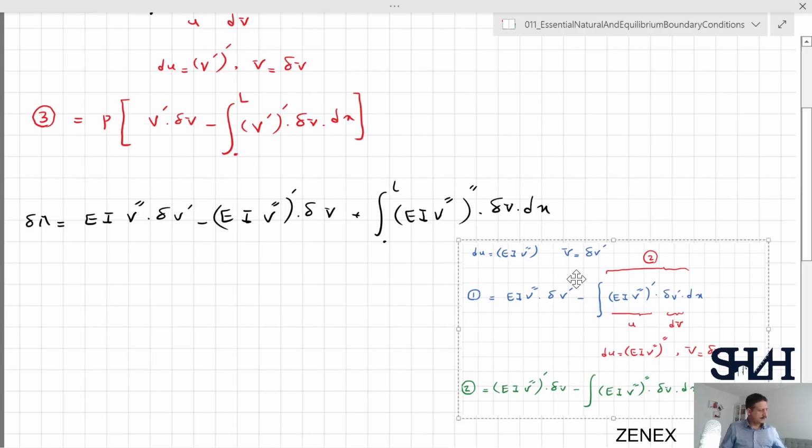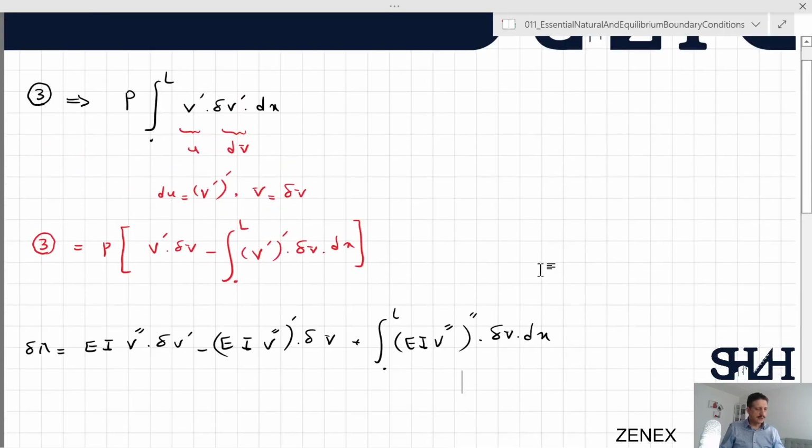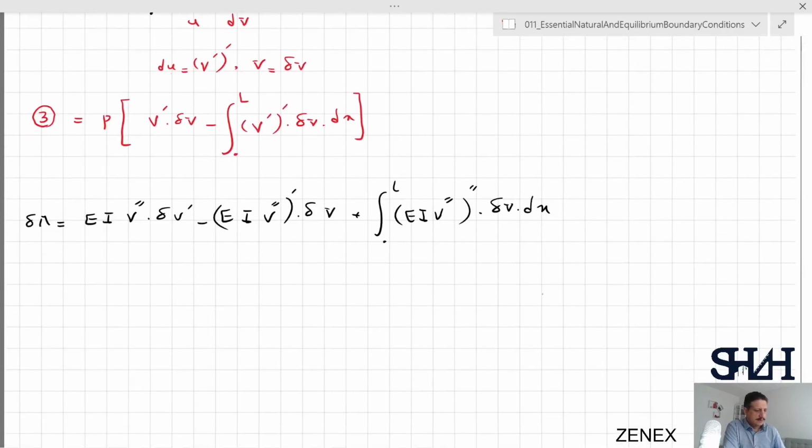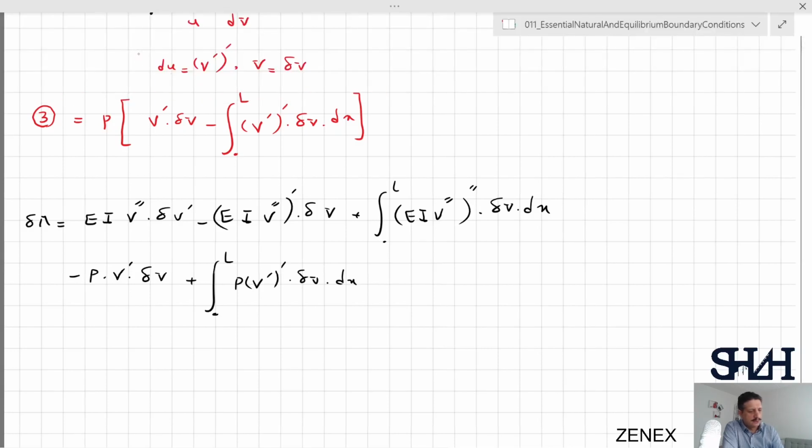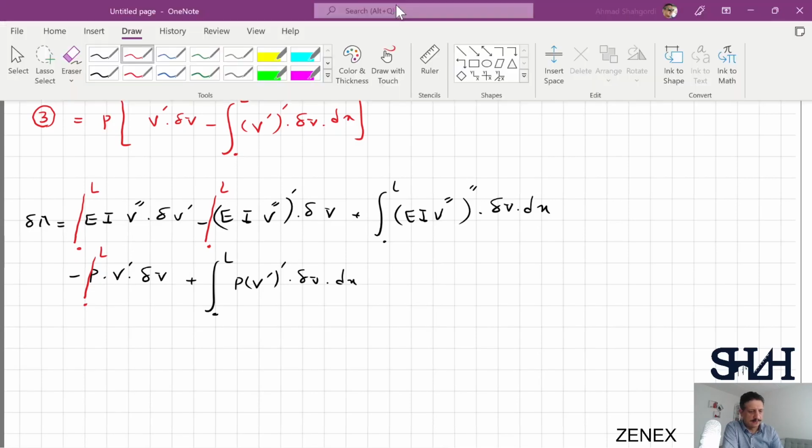This is for the first term of the integration. Minus P v' delta v plus integration of P v'' delta v dx from 0 to L. Those parts that we already have the integration can be determined according to the boundaries from 0 to L.